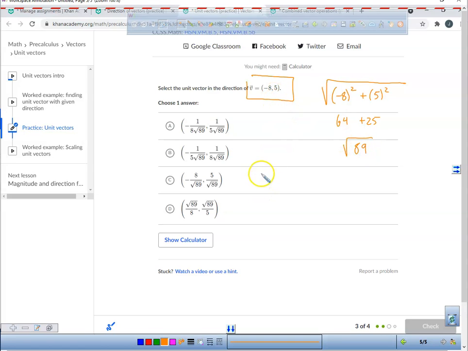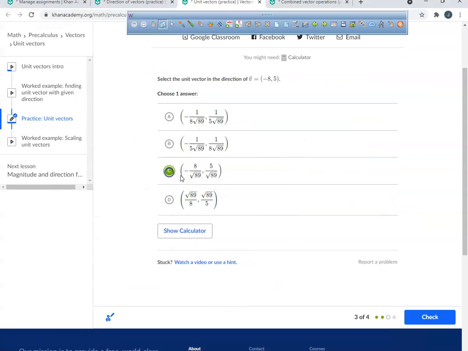So my answer is going to be negative 8 over the square root of 89, comma, 5 over the square root of 89. I hope you see the answer. That's it.